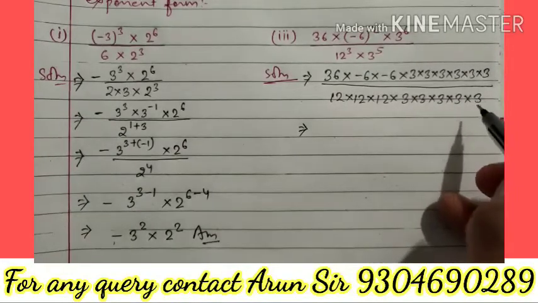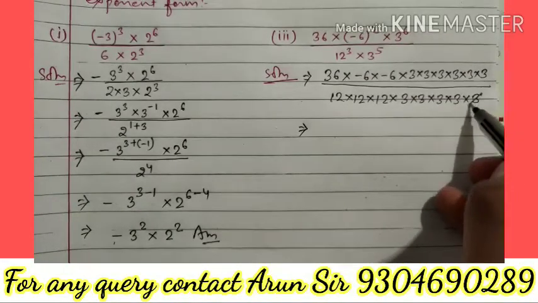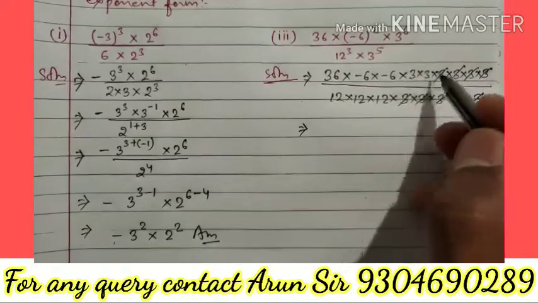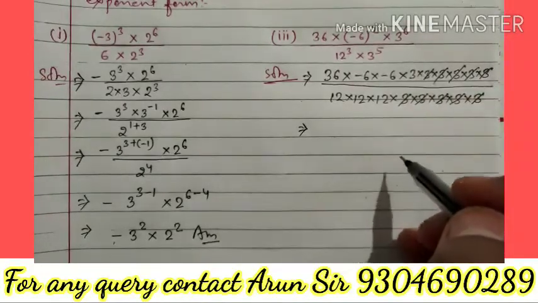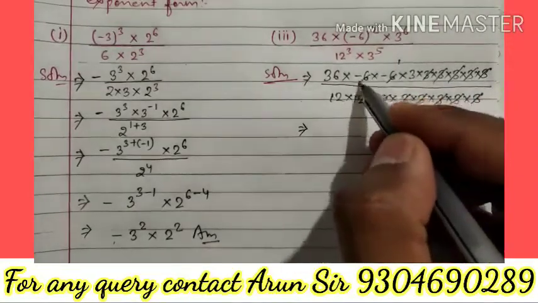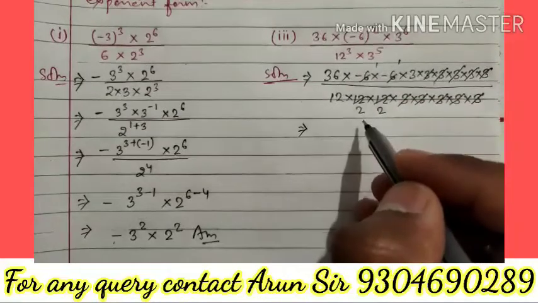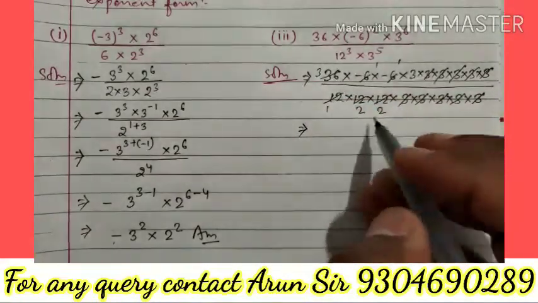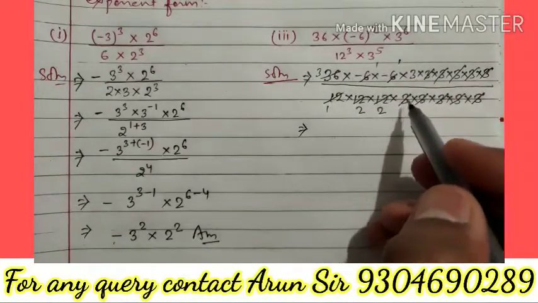Now we will check whether any number is going to be cancelled or not. This 3 cancelled, this 3, up to here 3 is cancelled. Now 6, 6 ones are 6, 6 twos are 12, 6 ones are 6, 6 twos are 12, 12 ones are 12, 12 threes are 36. Now we can see that none of the numbers can be reduced further.